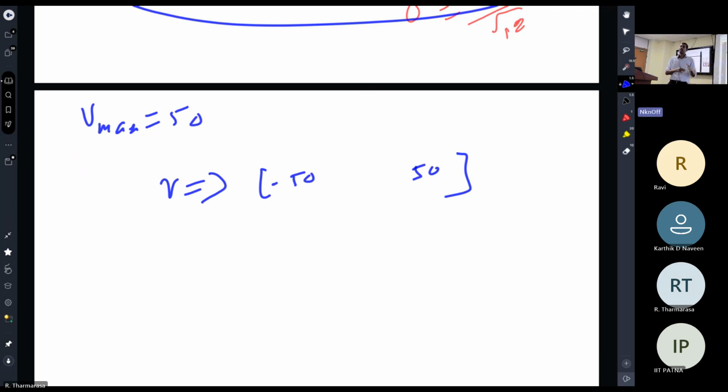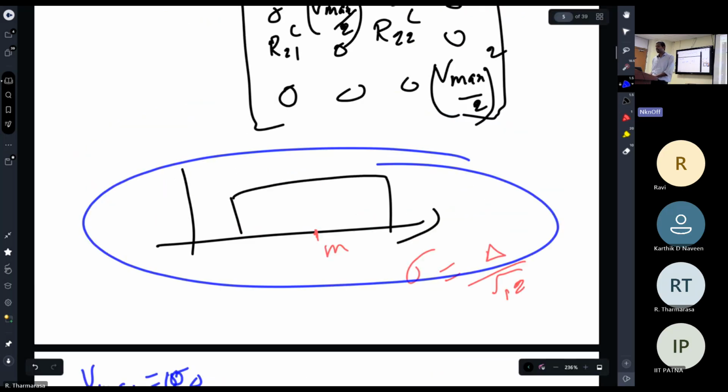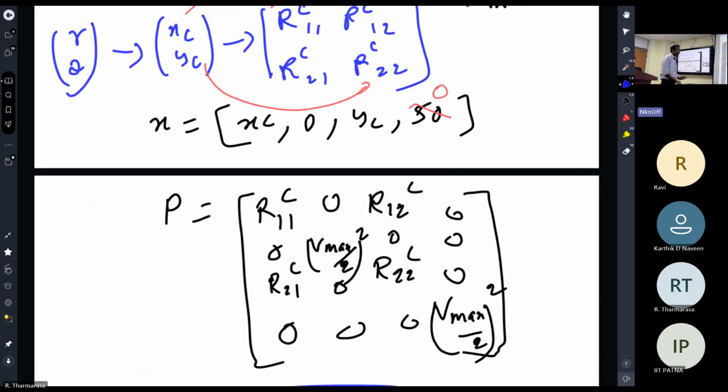It's a vector, right? So it can be negative to 50. So what is the mean now? 0, right? That is why we go with 0, not 50 or 25. Sorry, in our case it's 100, right? So this is 100, this is negative 100. The mean is 0. So that is why we initialize that to 0, 0. That's it. This is the track initialization.